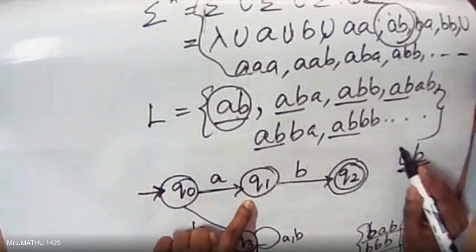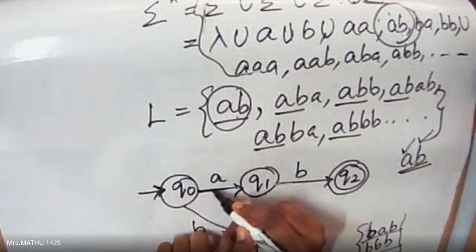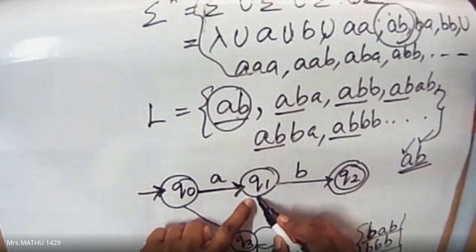What should come next after A? Definitely it should be B. Now we have read A. From this state, what if A comes again?